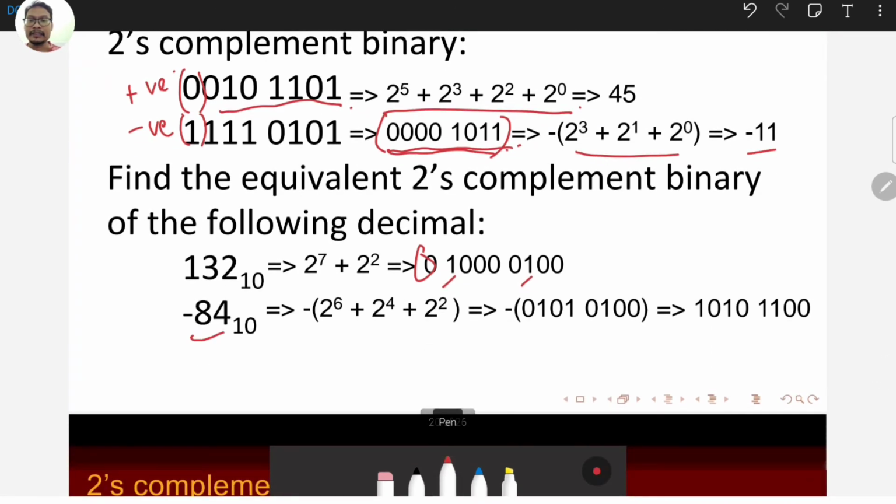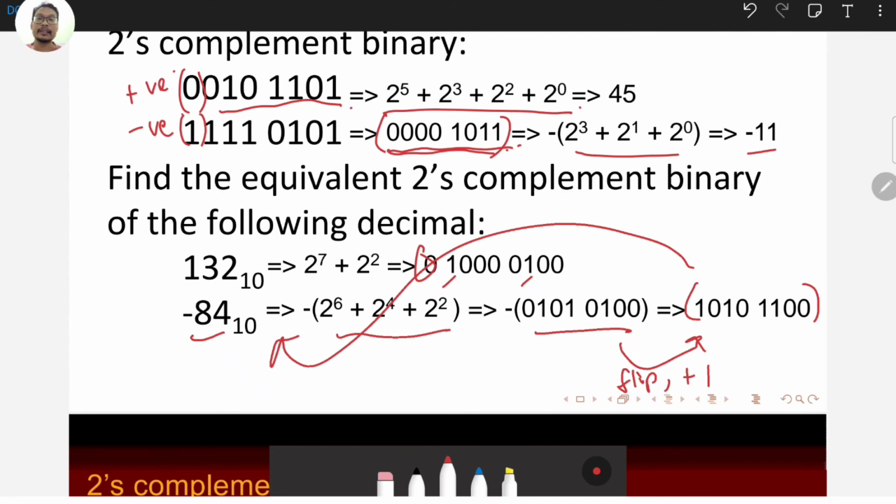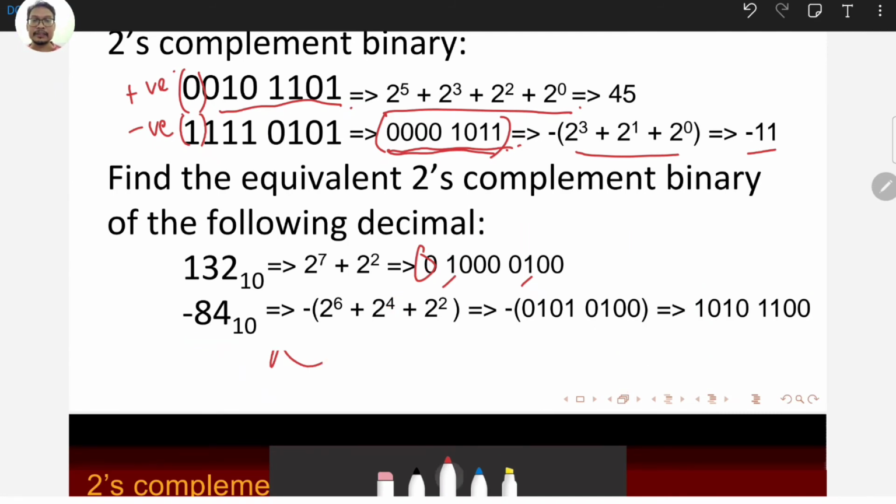We need to find the magnitude of 84, and then from here we get our solution by taking the flip plus 1. Here is your negative 84 in 2's complement representation.